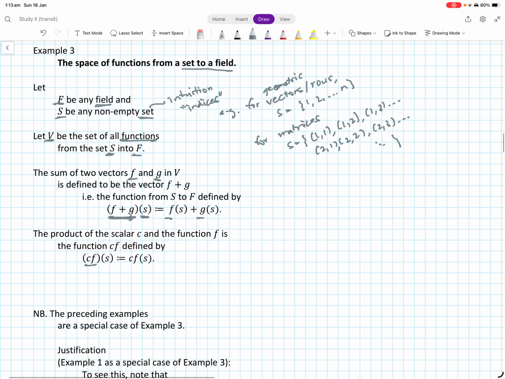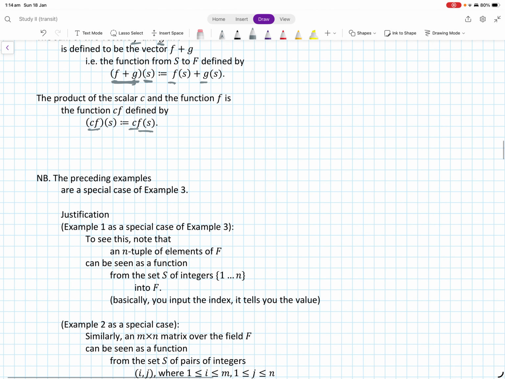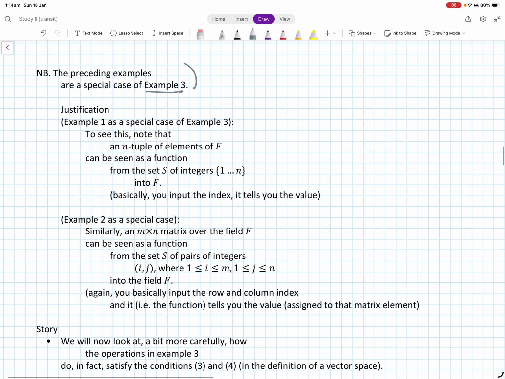And the scalar multiplication of c with f is defined by multiplying each component by c, right? Because f(s) is an element in F, so the right hand side is well defined. So that is sort of the idea. And this I already mentioned, that the preceding examples are special cases of example 3, right? All right.